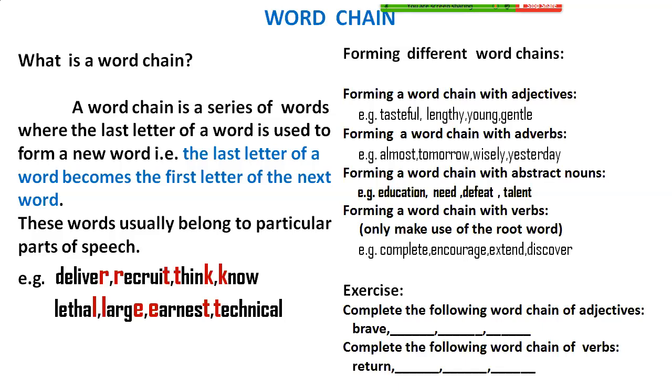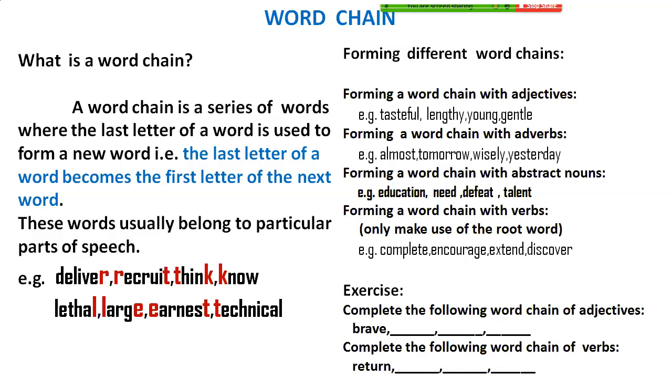It ends with the letter L, and the letter L is used to form the next adjective, that is lengthy. Lengthy ends with the letter Y, and this letter Y is used to form the next adjective, which is young. The word young ends with the letter G, and G is used to form the starting letter of the next adjective, which is gentle.